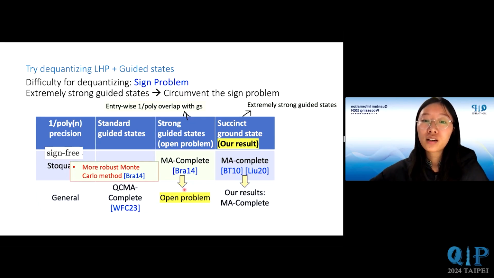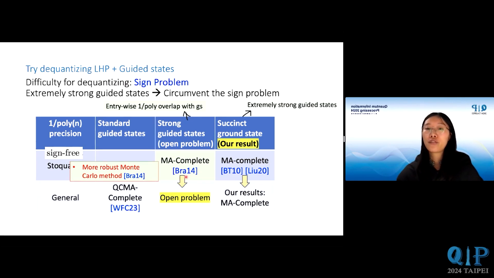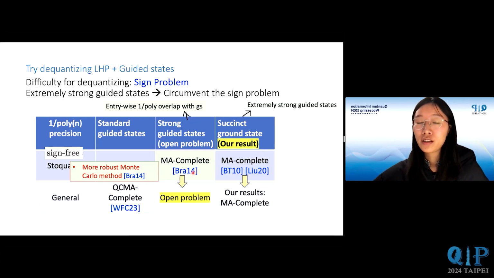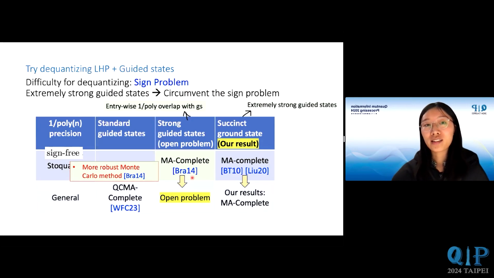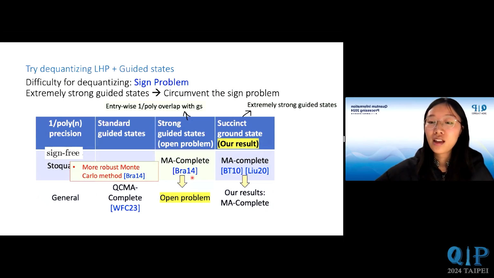In particular, the Monte Carlo method in the Bravyi 14 paper is more robust, and if you try to prove the open problem, you might need to read this one. So this is the relationship between our problem and the dequantizing problem.